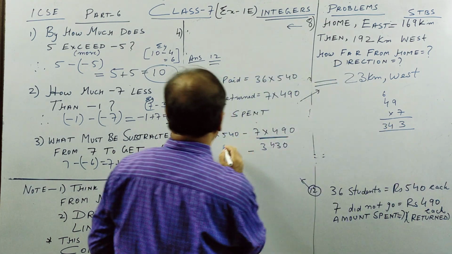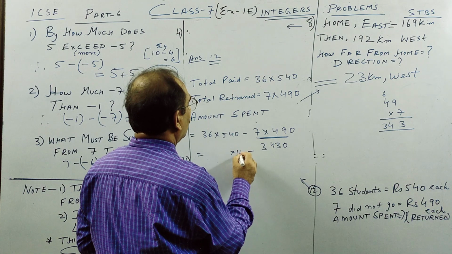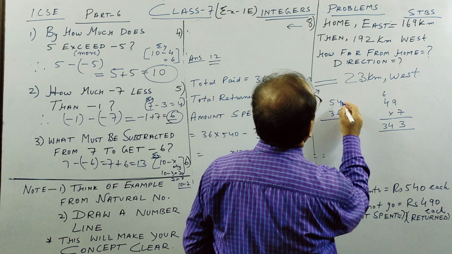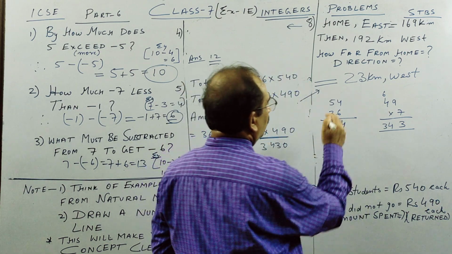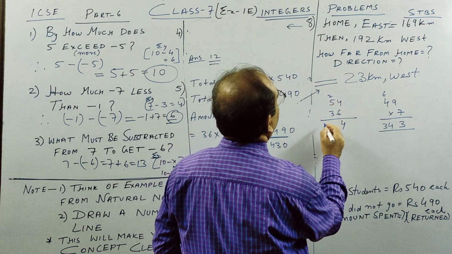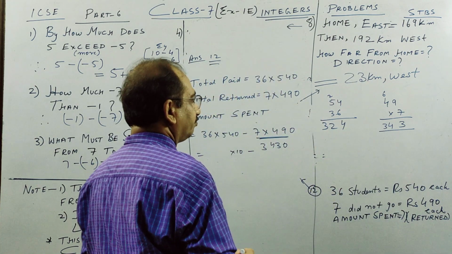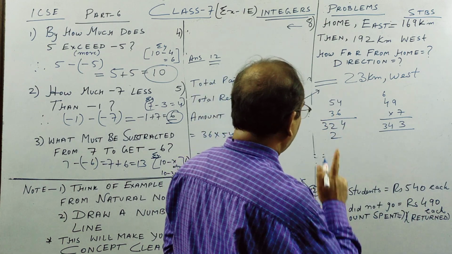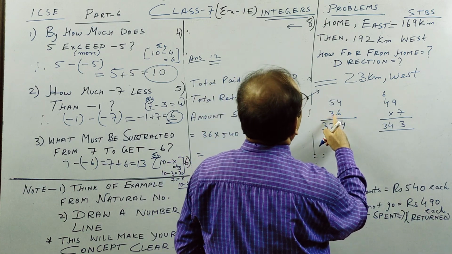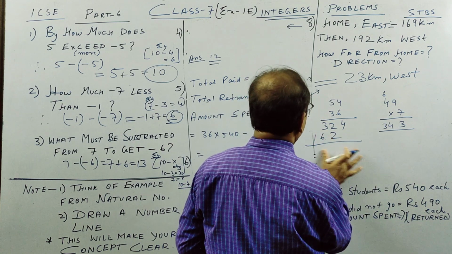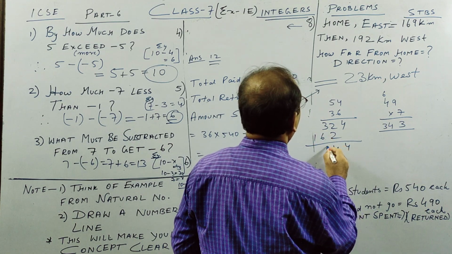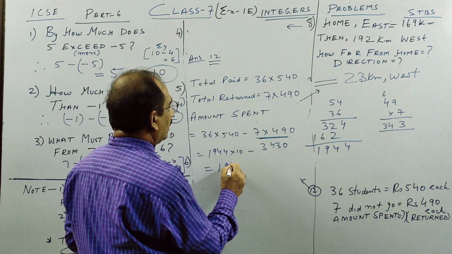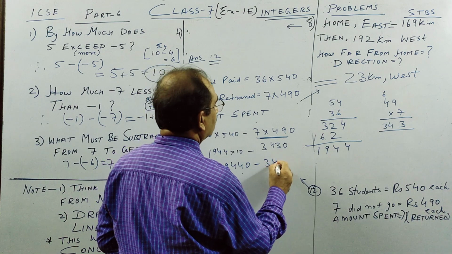Next we multiply, this 0 I leave here. I multiply 54 by 36. 6 4s are 24, 2 carried, 6 5s are 30, 32. 3 4s are 12, I have 1, and 3 5s are 15 and 1 is 16. So I get 19440. Now 19440 minus 3430.